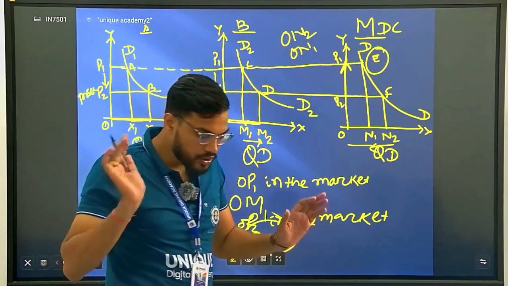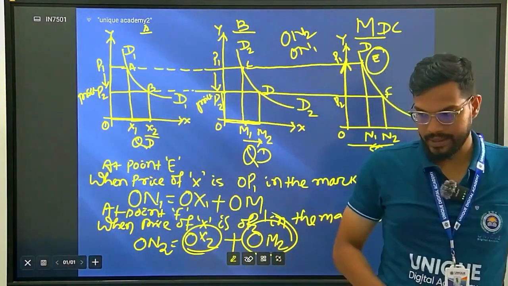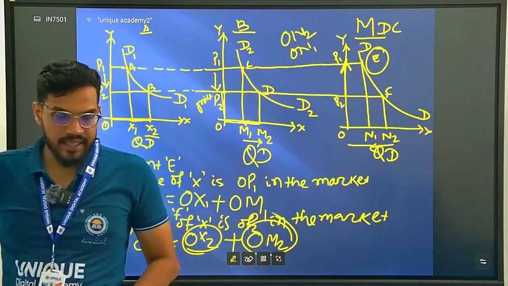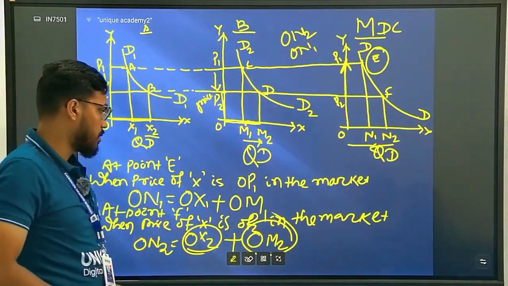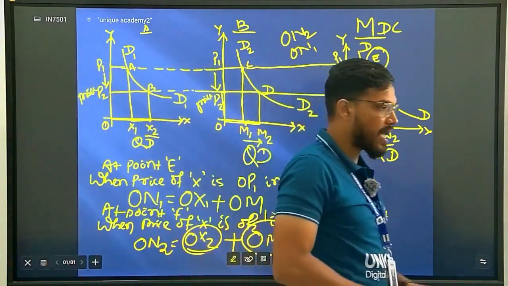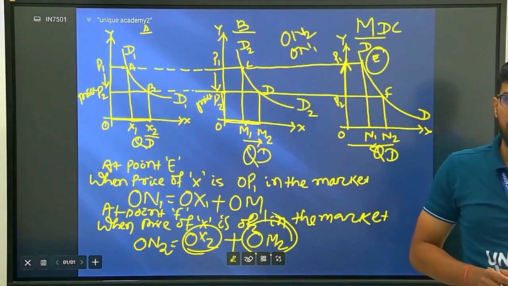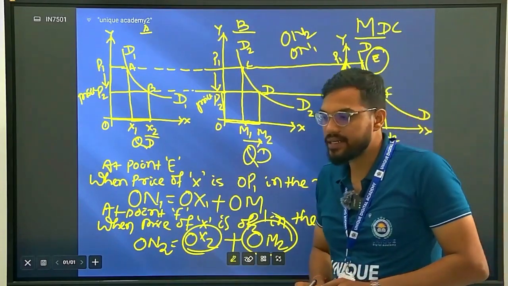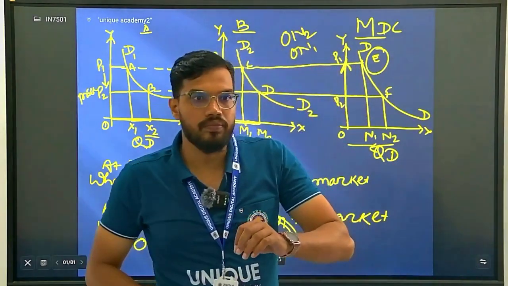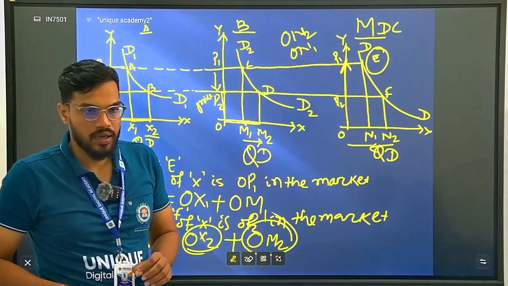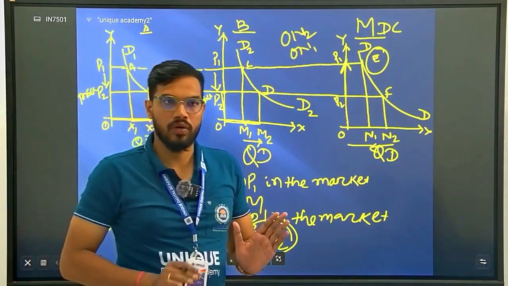So, in conclusion, we can say that there exists an inverse relationship between price and market demand of a product. Okay.